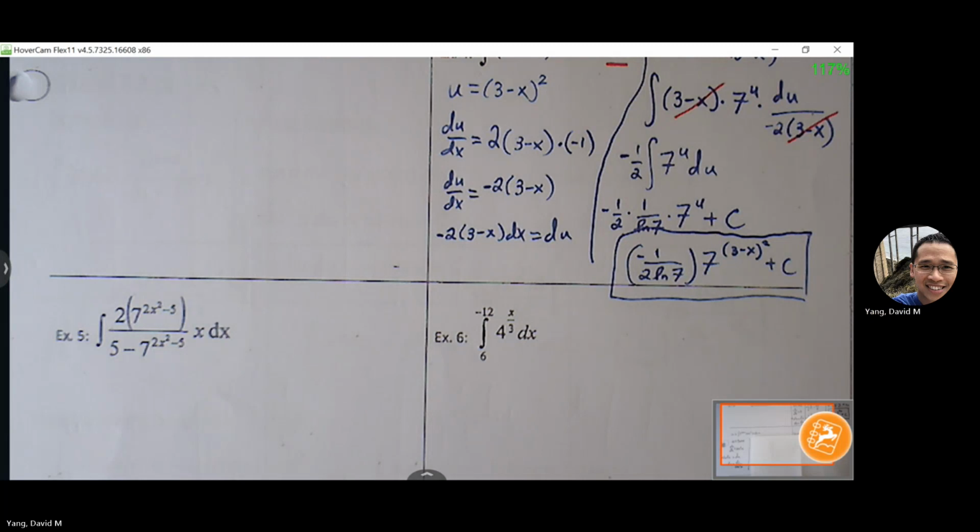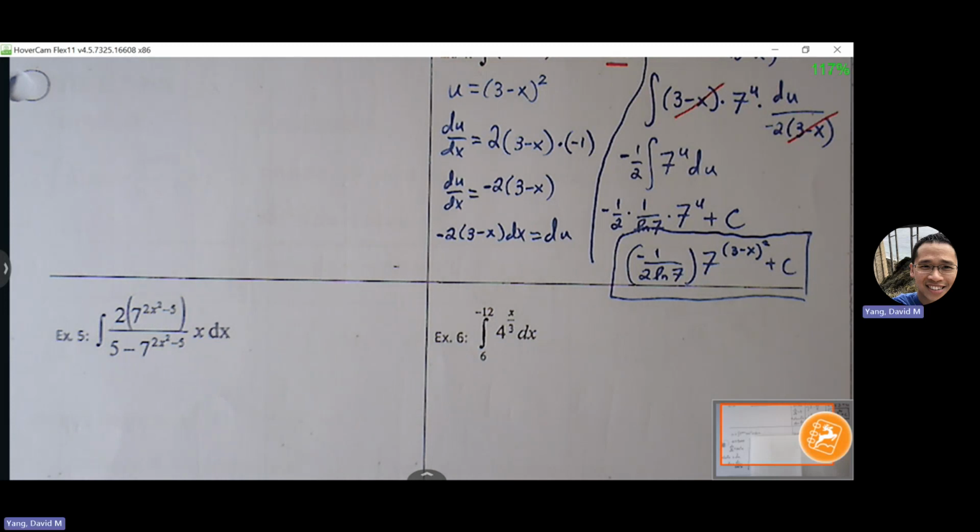What could be our u value? Remember, the more complicated your problem looks, the larger your u value will probably be. It could be a u value where the derivative has a chance to match and pair with another portion of the problem.